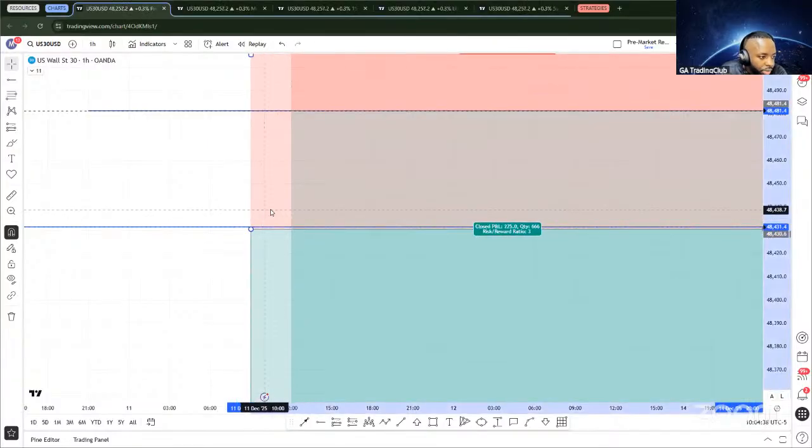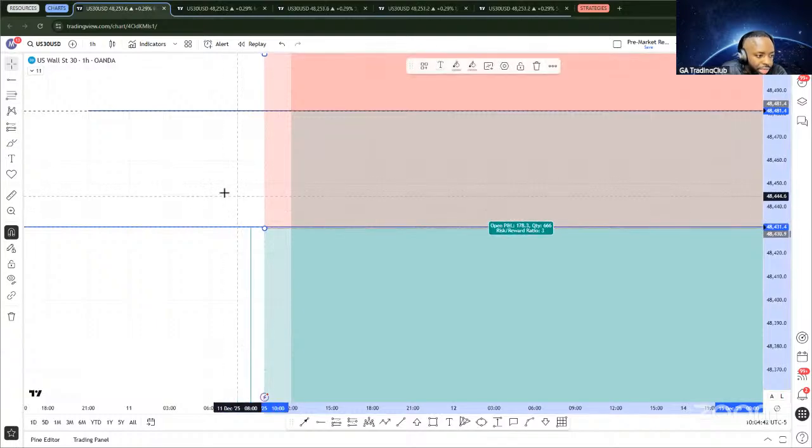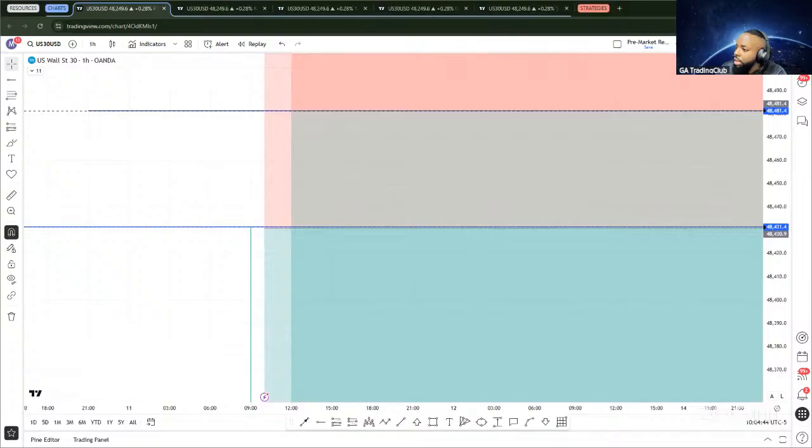So just somewhere just below that high so that you don't miss it. Not exactly at the high. And then, of course, the other one, we set two trades 50 points above that.